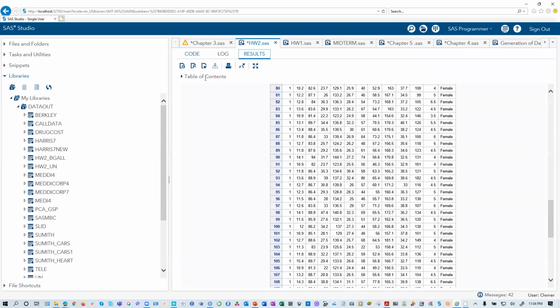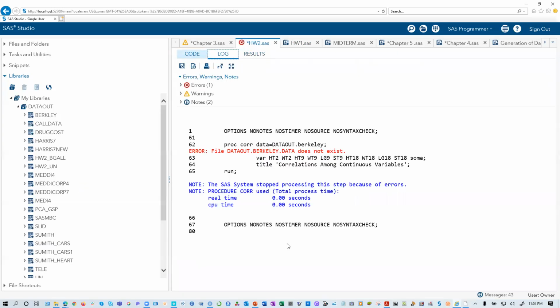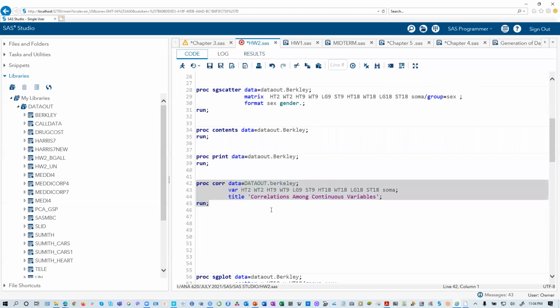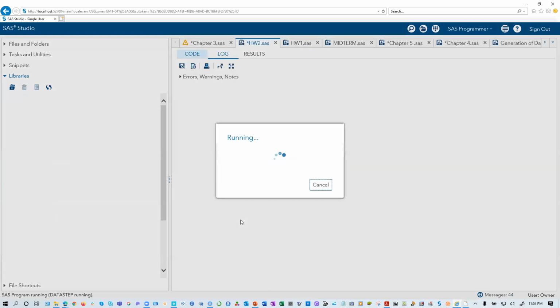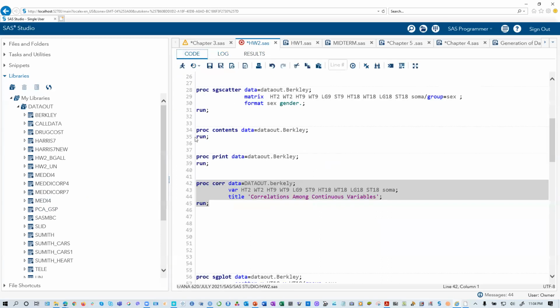Okay, let's try again. Berkeley, and that's the data out. Berkeley.